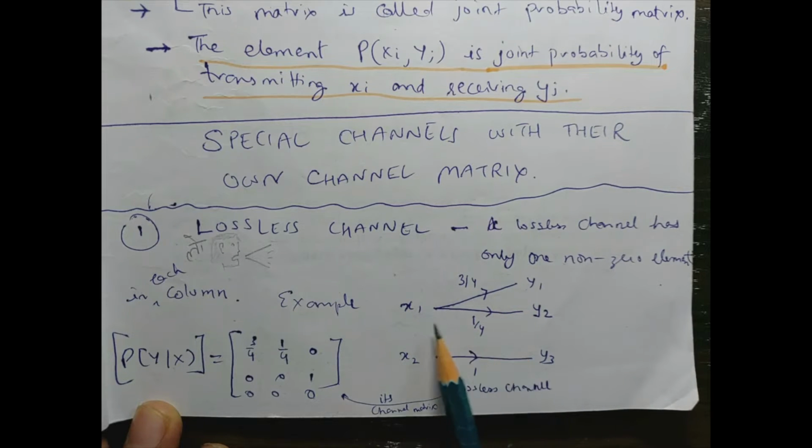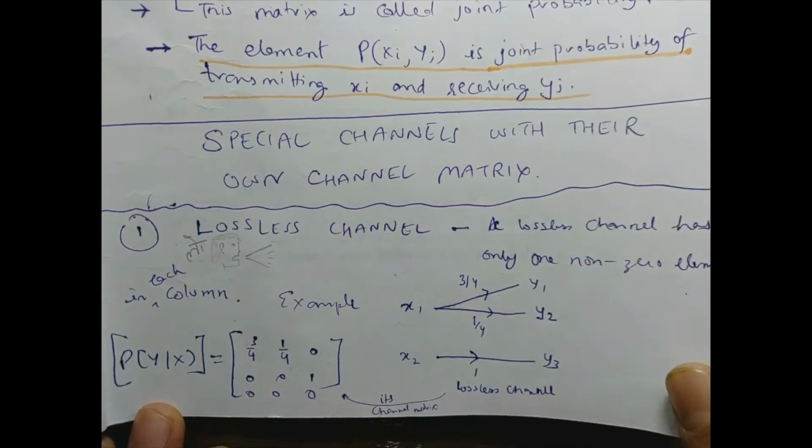Lossless channel, everything is being spoken out, one to many and one to one. So this drawing will help you remember the name as well as the matrix, and then from the matrix derive this part.